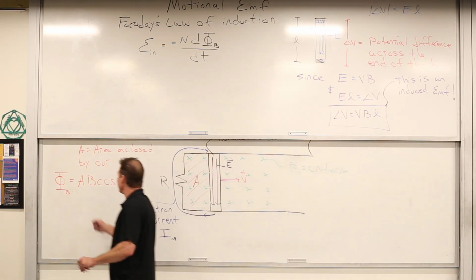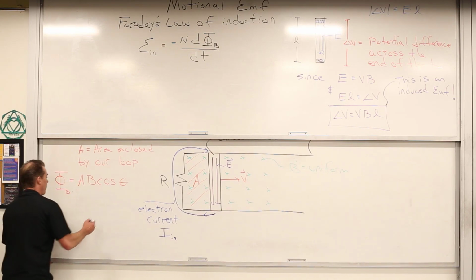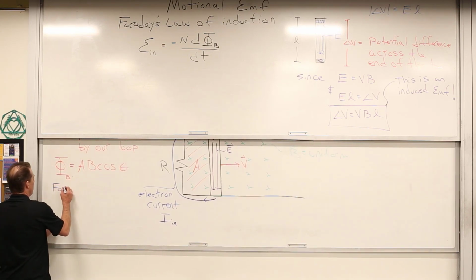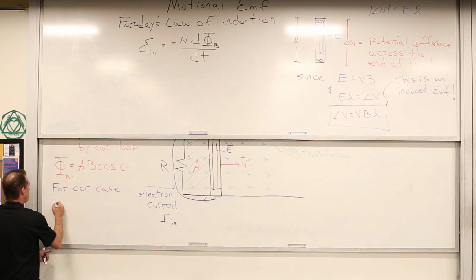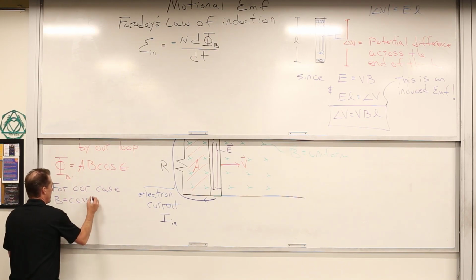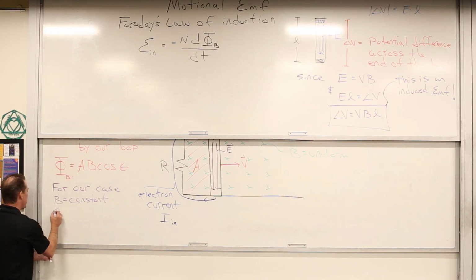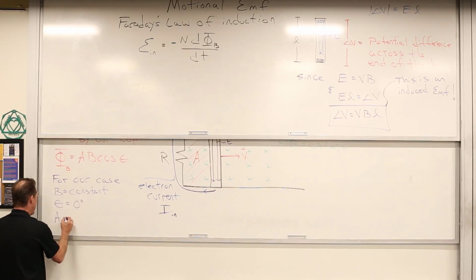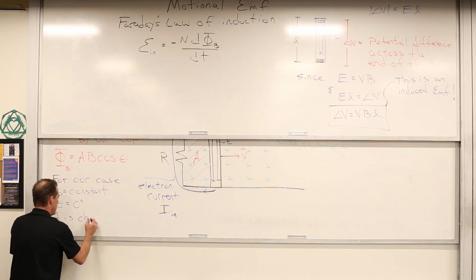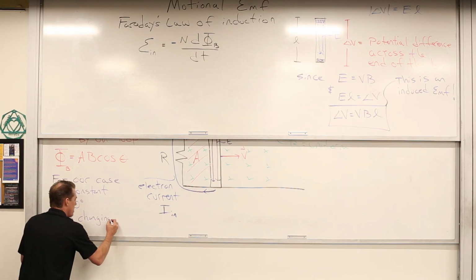But what's changing is A. So for our case, B is equal to a constant, theta is equal to 0 degrees, and A is changing with time.